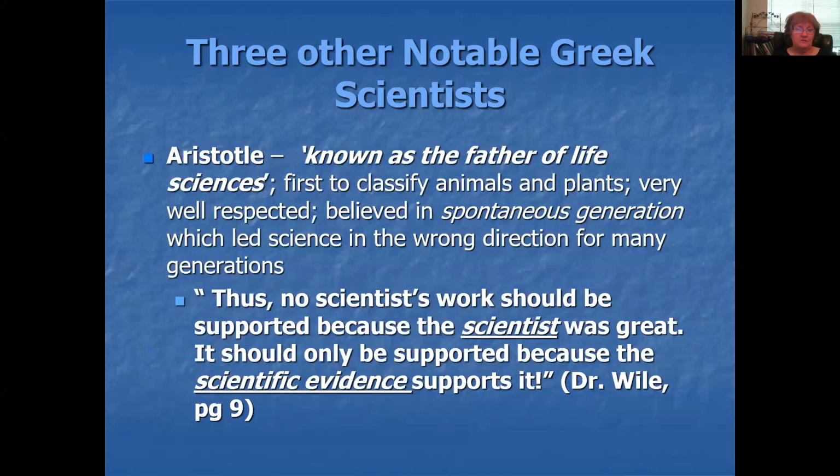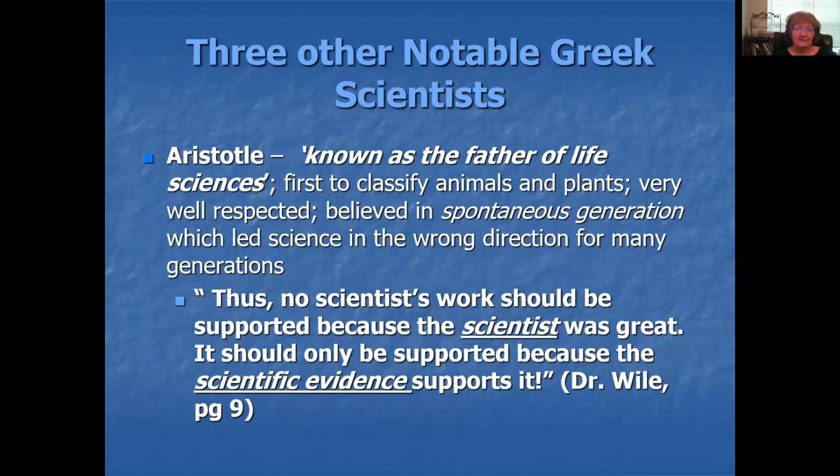Whatever he says must be true. That's not how science works. No matter how smart a scientist is, his work should always be repeated. You should continue to gather evidence. And if it goes against what that scientist says, then you have to work with that, right? You have to say, hey, he's not right. We need to go another direction maybe, right?